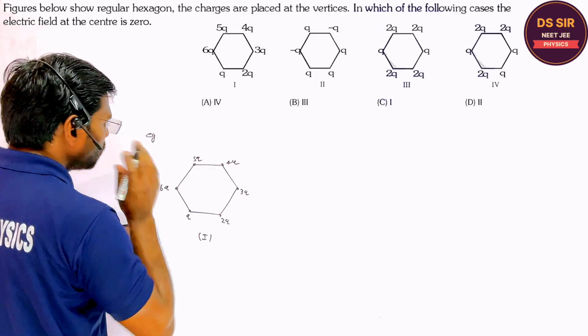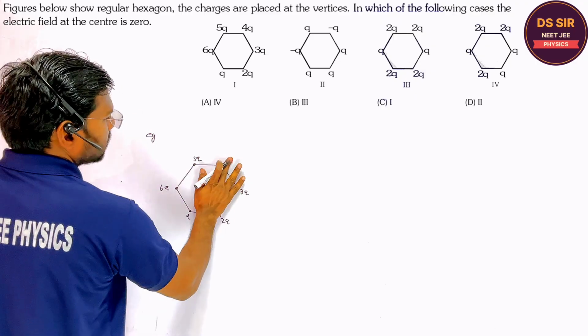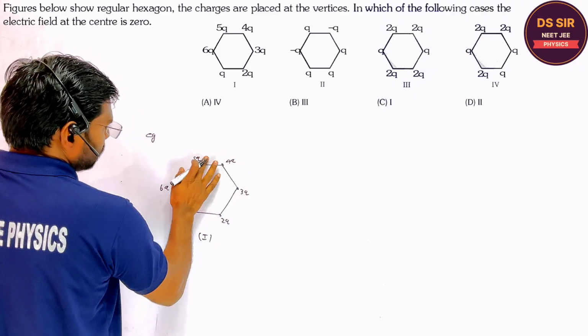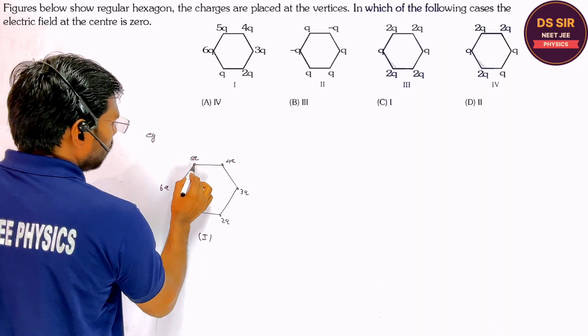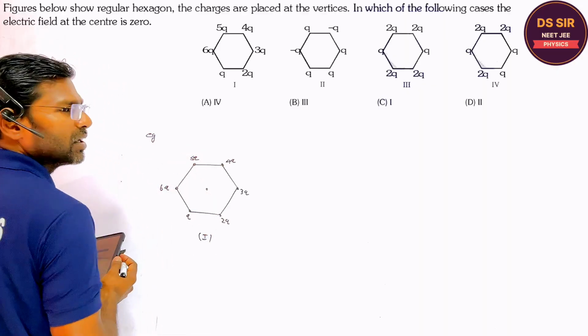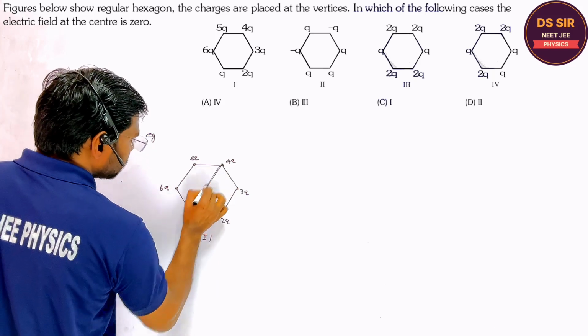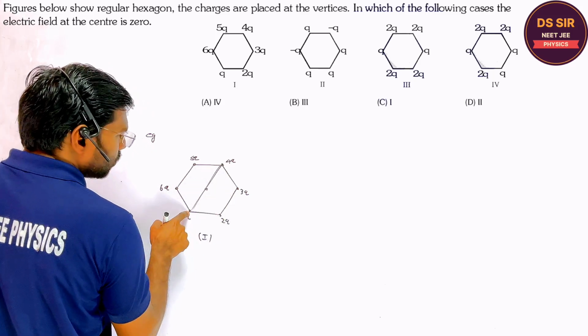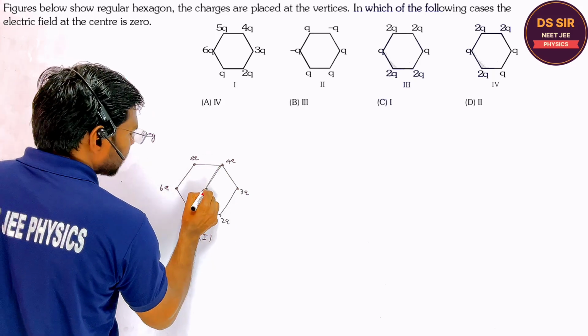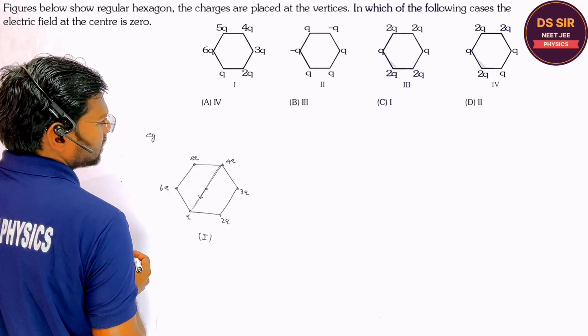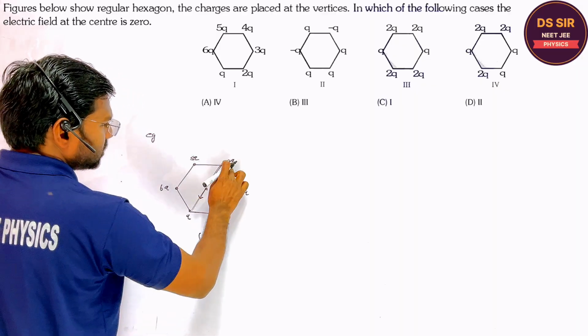So I think you can analyze and tell that the electric field is not 0 over here. Because if you consider this, this is Q and this is 4Q, so the resultant electric field will be in this direction, because this is the 4Q.